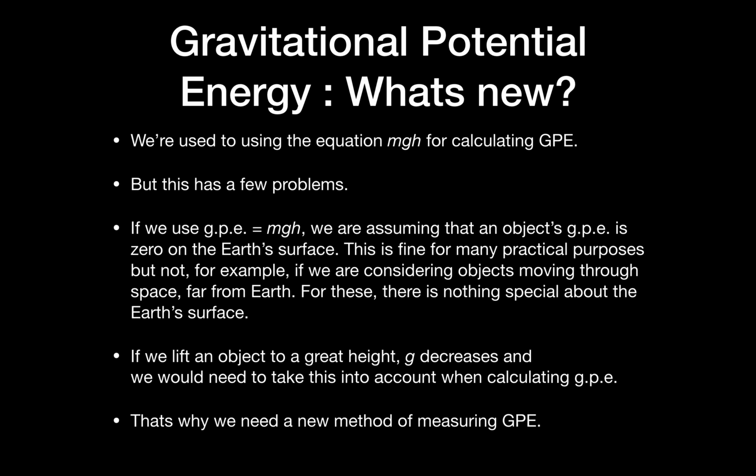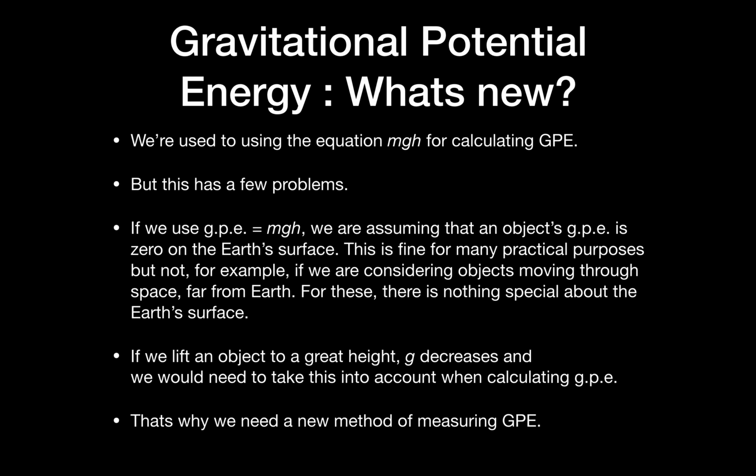The first reference point is that when we use mgh, the h, or the height from the surface, assumes that the gravitational potential energy is zero at the surface of the Earth. But what about the masses that are light years away? They experience negligible gravitational potential energy from the Earth, and it is almost impossible to measure the height.